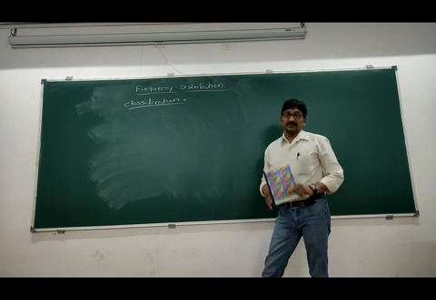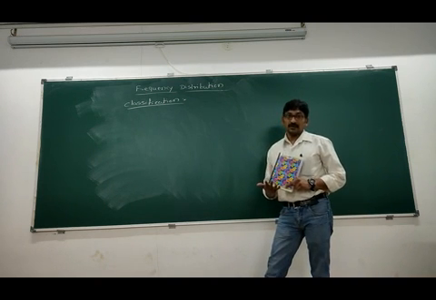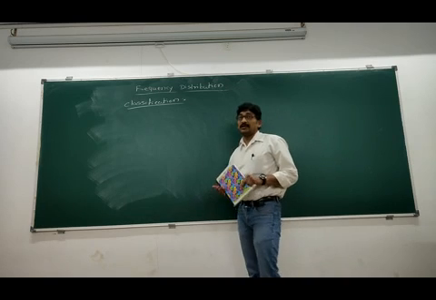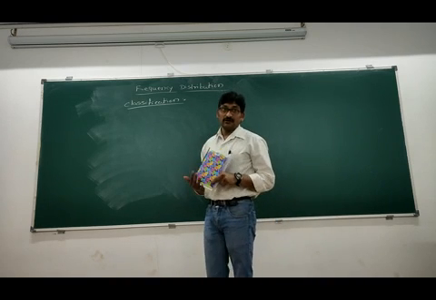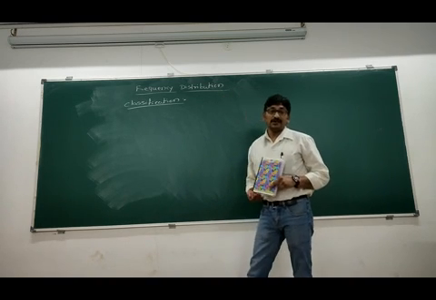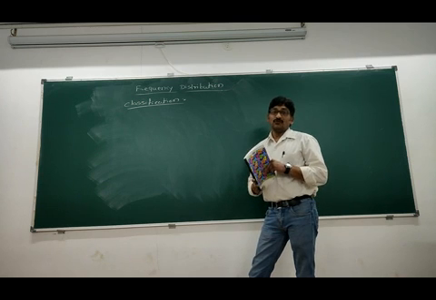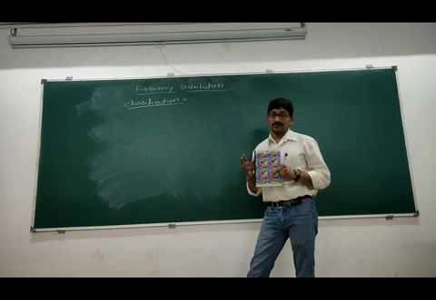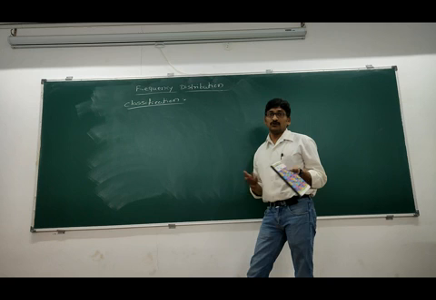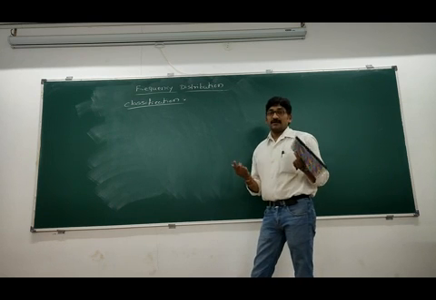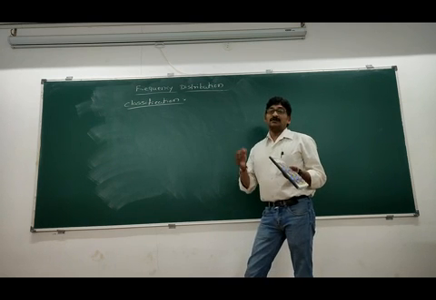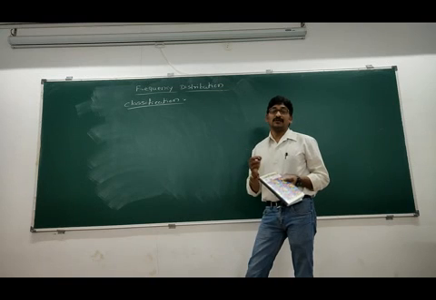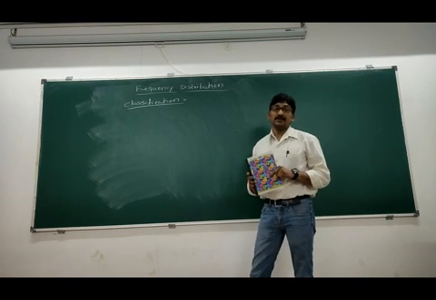Now what do you mean by classification? Classification is nothing but dividing the data or information into different groups. There may be 1 group, 2 groups, 3 groups, 5 groups, but we have to consider the similar features of that particular data.